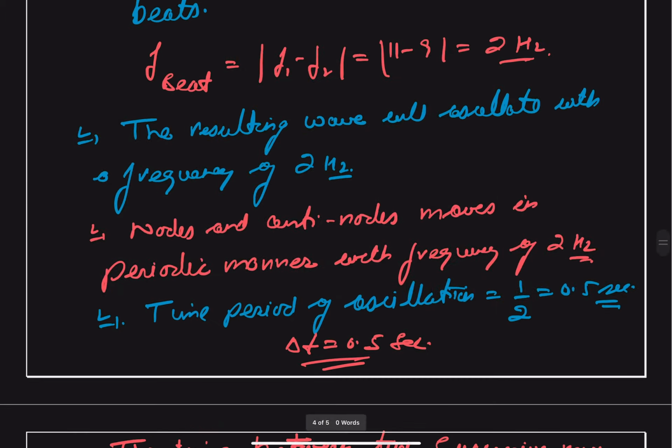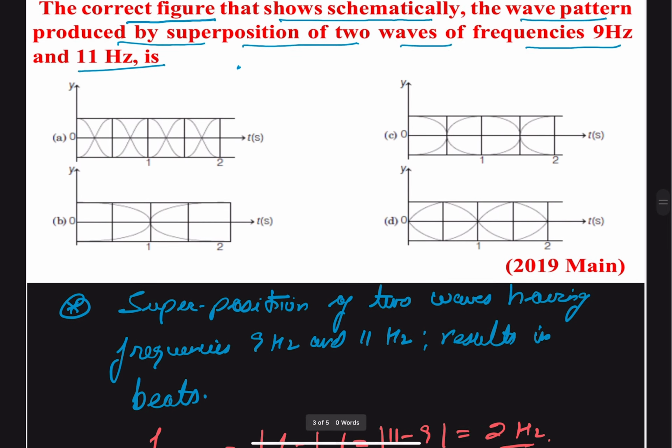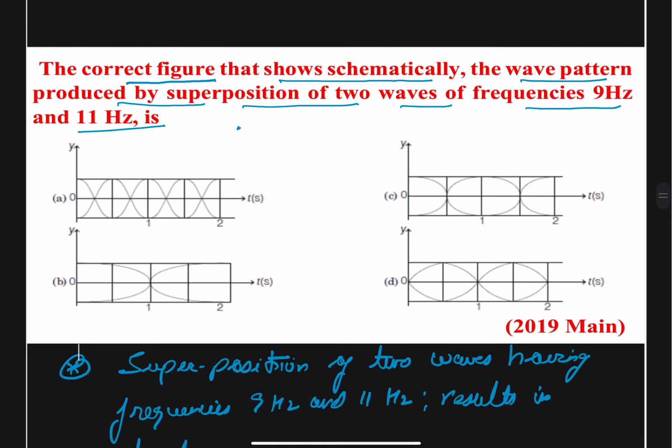And in the question it is not mentioned how the superposition is going to take place at the start. So we can assume in the first case that the superposition of the waves takes place constructively, and in the second case that they have a destructive interference at time t is equal to 0.